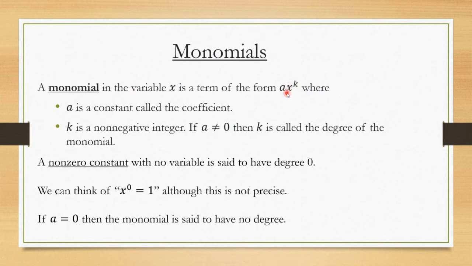And there are a few conventions people take. If the a here is not 0, k is called the degree of the monomial. So the exponent of x, the power of x, is the degree of the monomial.